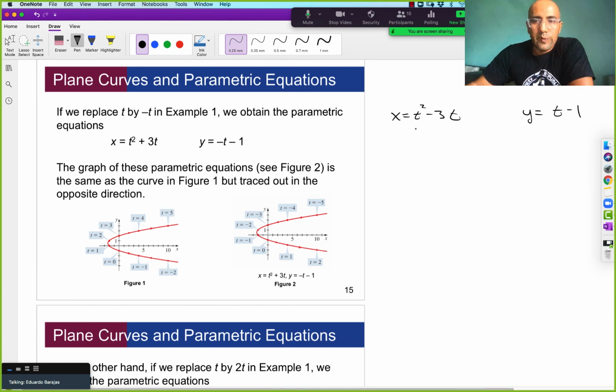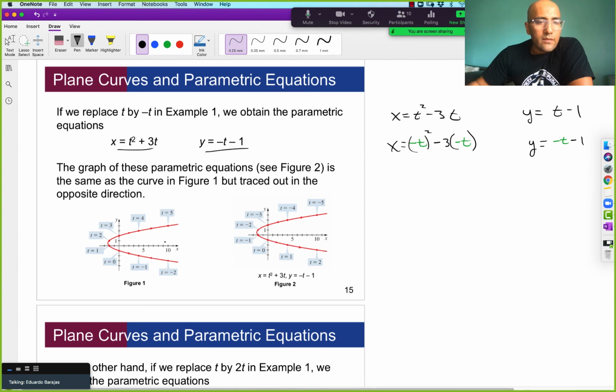So if we replace each t by negative t, we get x equals negative t squared, well that's just going to be t squared, minus 3 times negative t, that's going to turn it into plus 3t. And then over here we end up with y equals negative t minus 1.